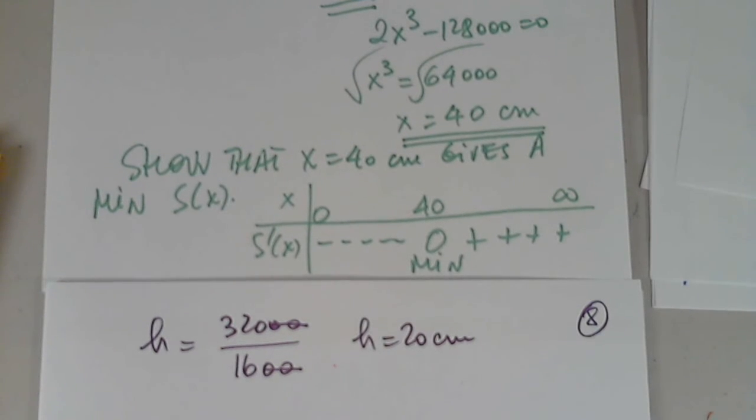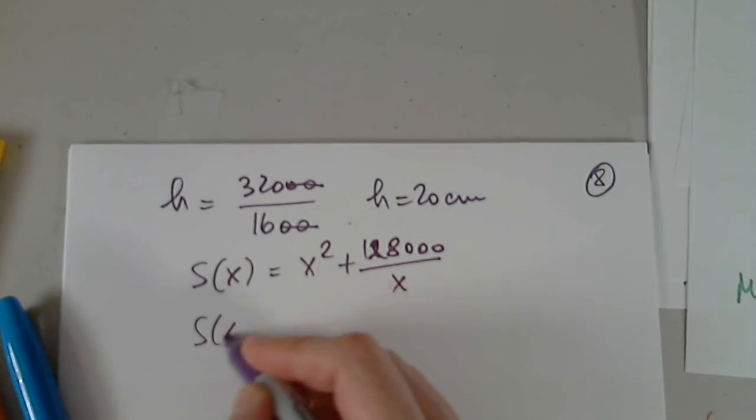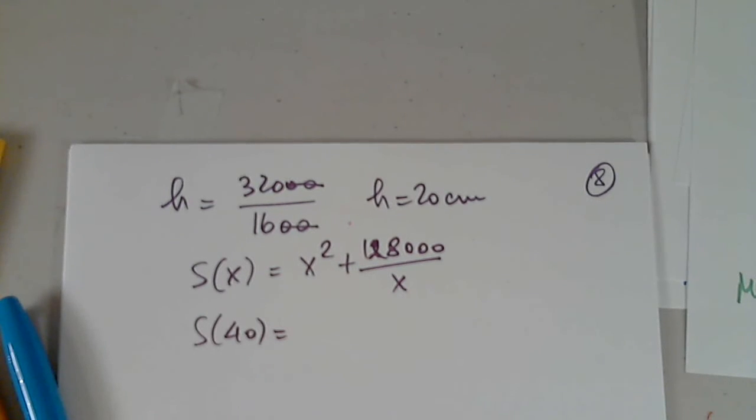If they ask us to determine the minimum surface, we can. So S of x, I'm just going to copy it here: x squared plus 128,000 over x. And I will plug in 40 and see what I get.